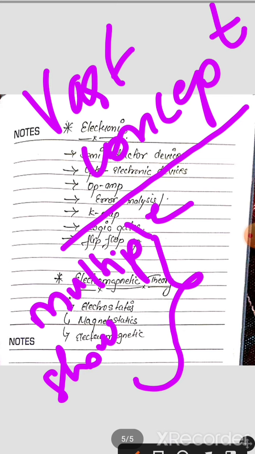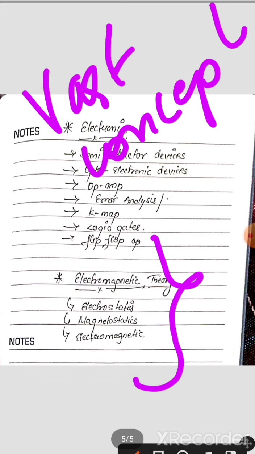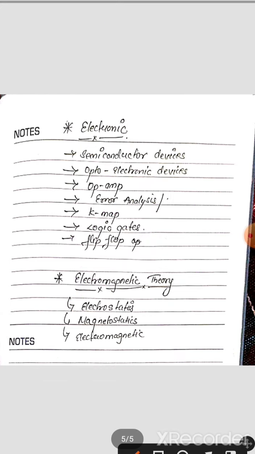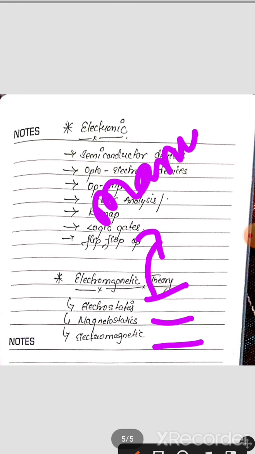So for that, I have just mentioned covering all the topics of electrostatics and magnetostatics. That's why I have just mentioned the name, because many subtopics are there that you need to cover in this. While preparing, we will study the concept and then solve the questions, so you can understand better.